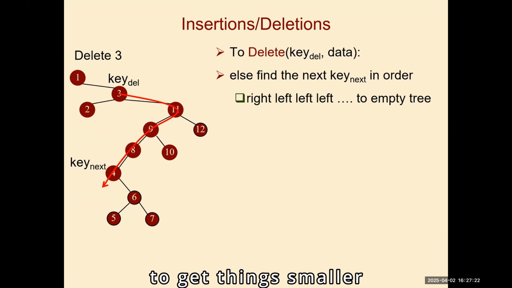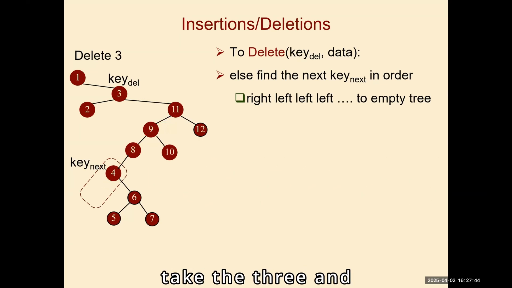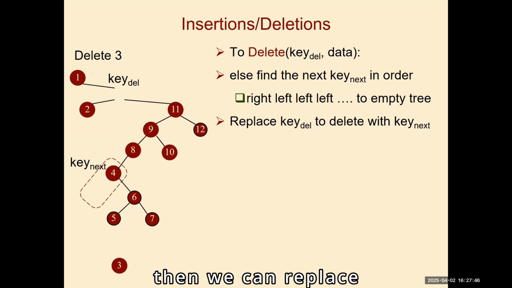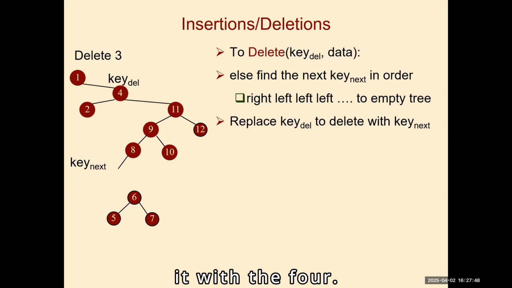To get things smaller than 11, you go left, left, left, left, left. And you can't go left forever because it's not an infinite tree. So you hit something like 4 that doesn't have a left child. And that's great, so we can delete. We can take the 3 and replace it with the 4. Why is that?